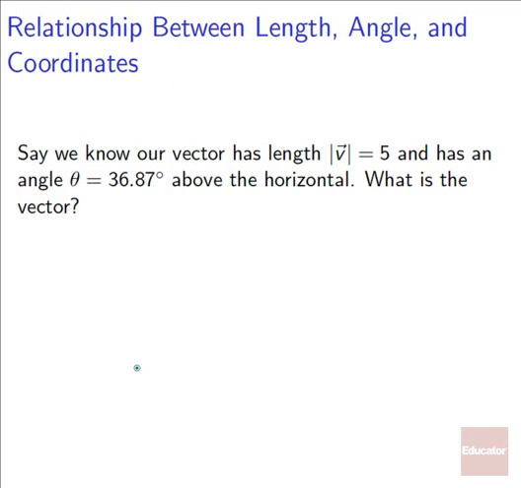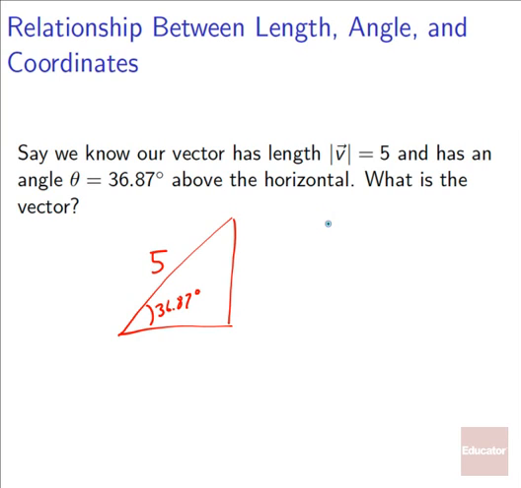There's a relationship between length, angle, and coordinates. So in general, if we knew that our vector had a length of 5 and had an angle of 36.87 degrees above the horizontal, what would be the vector? Well, let's just make a triangle, right? Our angle here is 36.87 degrees, and this here is 5.